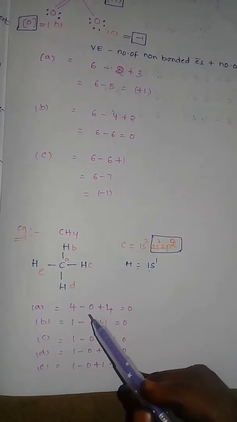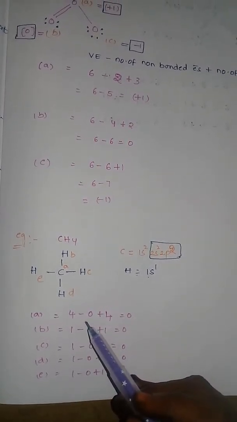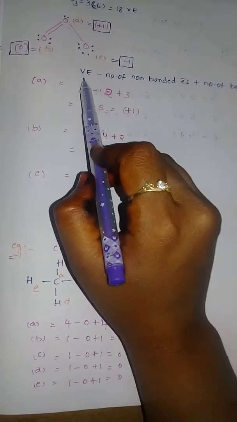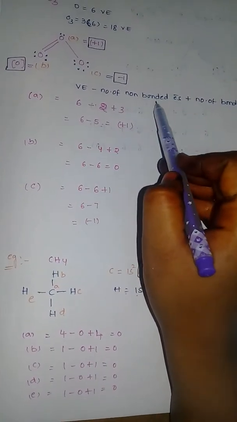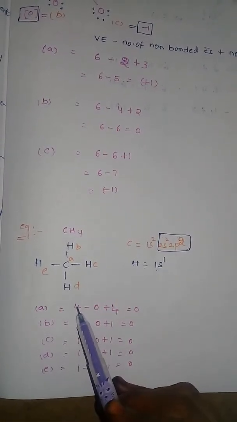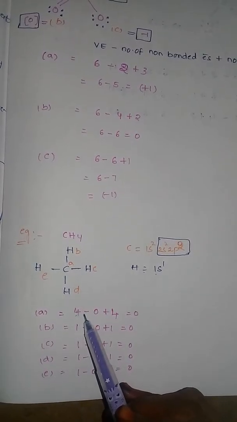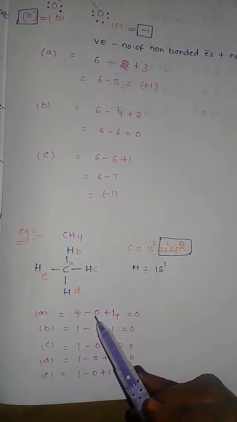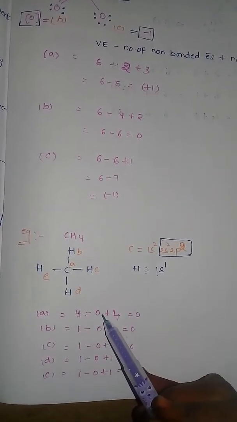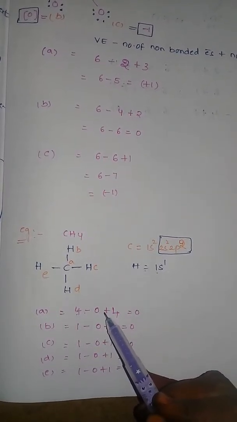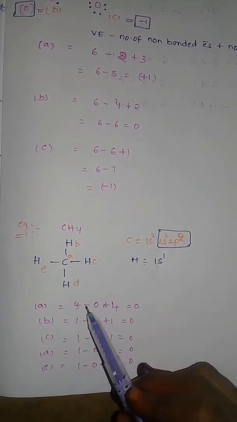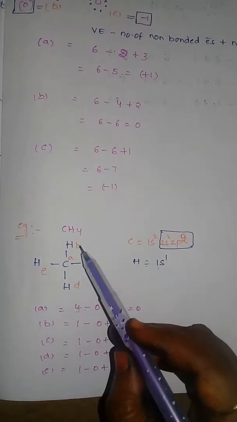Number of valence electrons minus number of non-bonded electrons plus number of bonds. How many valence electrons for carbon? 4, minus number of non-bonded electrons; there are no lone pairs, so taken as 0, plus how many bonds surround atom A? 4 bonds. So 4 minus 4 is equal to 0.